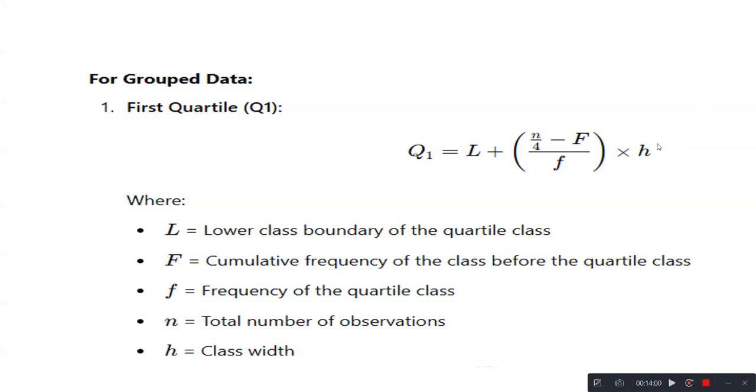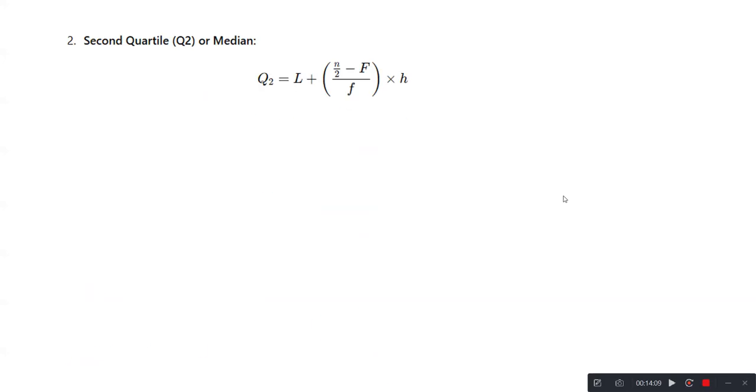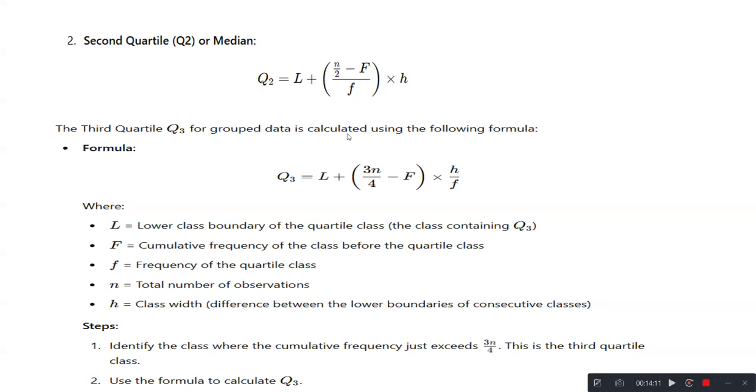Others use c here, others use c fb, like this, to tell you that it is the cumulative frequency before the quartile class. The second quartile and the third quartile, their formulae are here. And of course, to get the second quartile, you need to determine the second quartile class, or the median class, which is always going to be the value n out of 2.